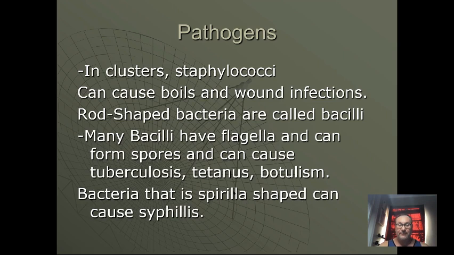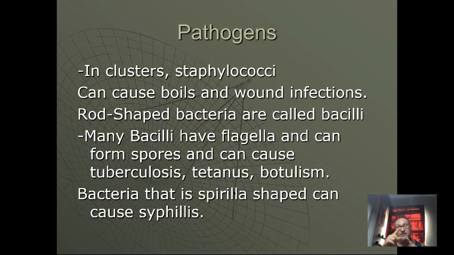Then the rod shape, which I mentioned before, is bacilli. Bacilli in a chain together can give us a different type of pathogen. Many bacilli have flagella and can form spores.